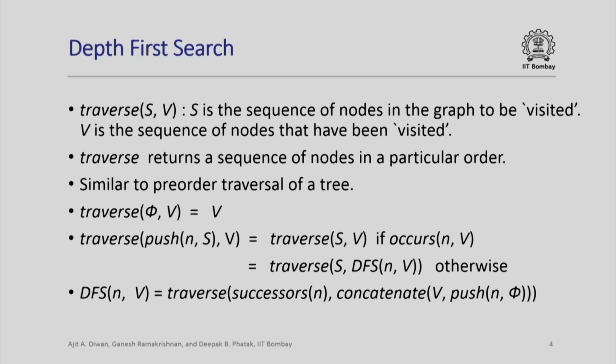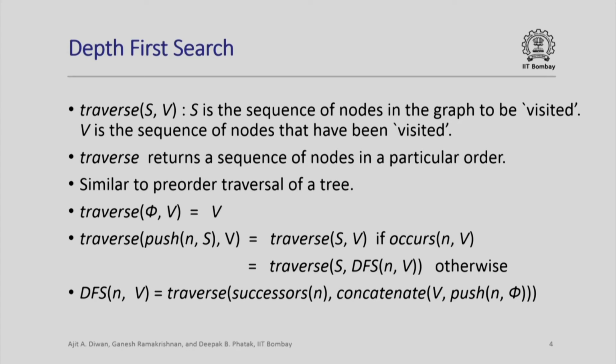We found a node n which was not visited, and we start a depth first search from node n with the current set of visited nodes, and expand the set of visited nodes to be DFS(n, V), and then traverse the remaining sequence of unvisited nodes in S. And DFS, starting from node n, essentially just adds n to the list of visited nodes.